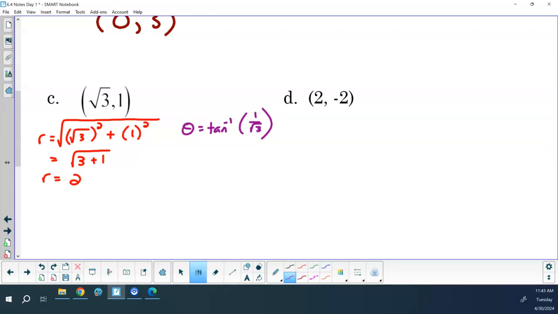Inverse, yes ma'am. Here we're going to find the positive ones. Unless it said change it over, then find the other forms. That could be a test question.